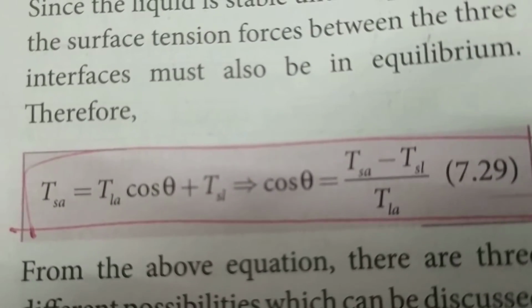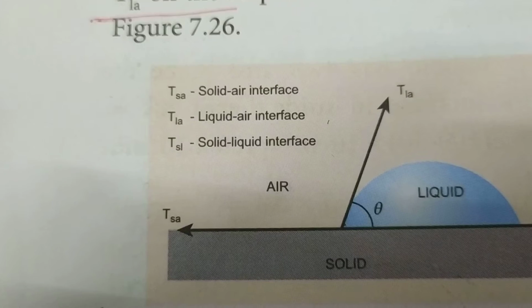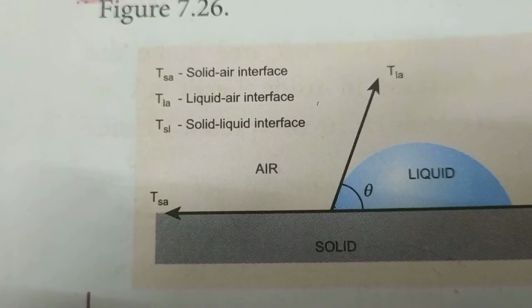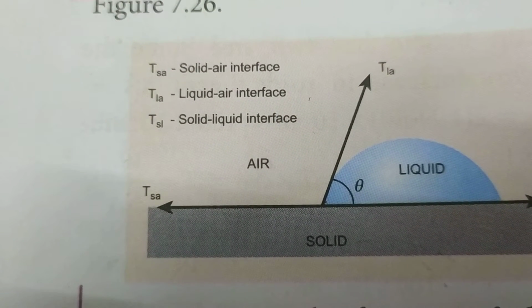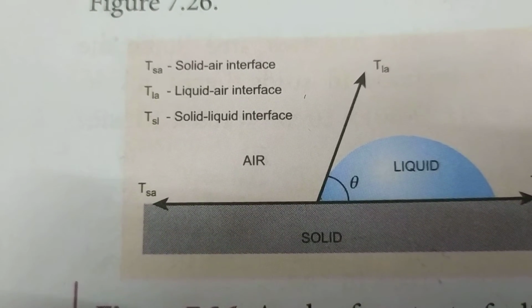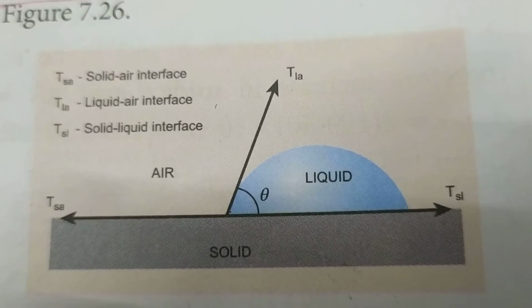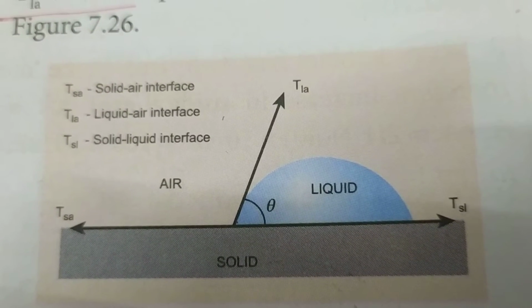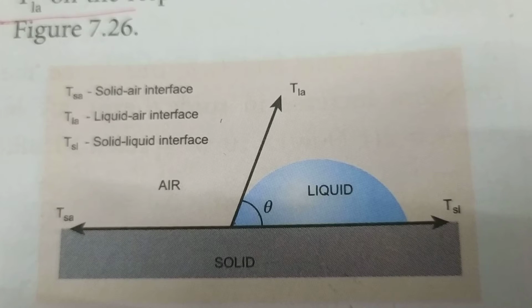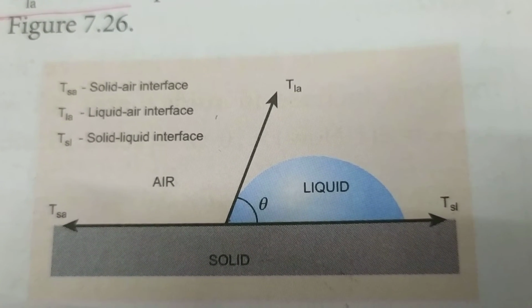In such a case, TSA is equal to TLA cos theta plus TSL. That is, TSA acts in the left hand direction, and here T means tension. This TSA must be equal to the component of TLA, that is TLA cos theta, plus TSL.